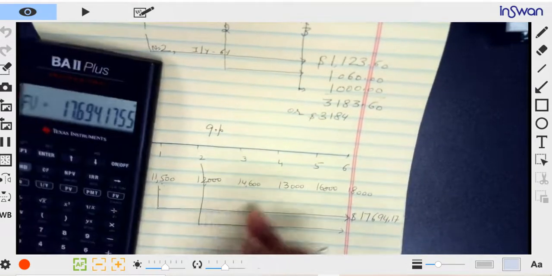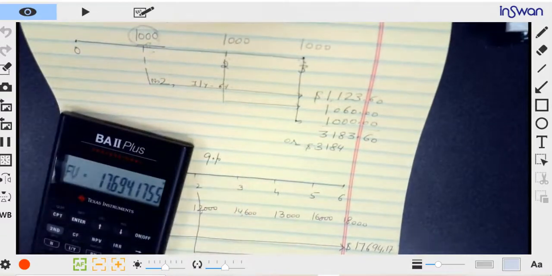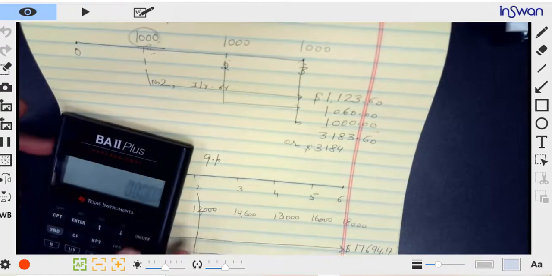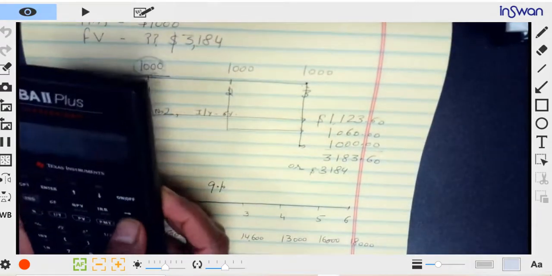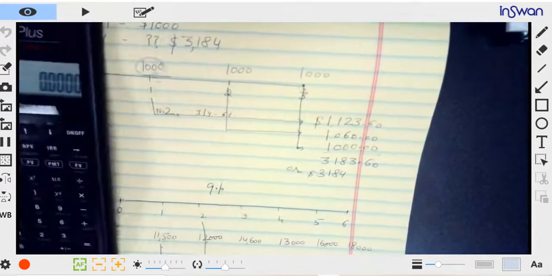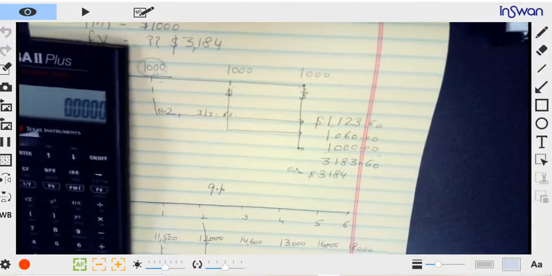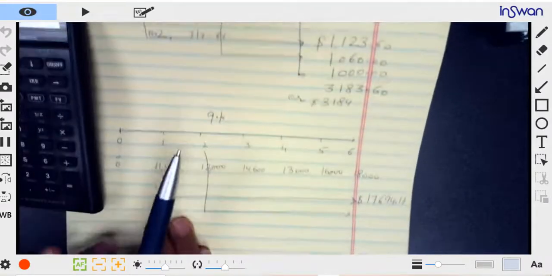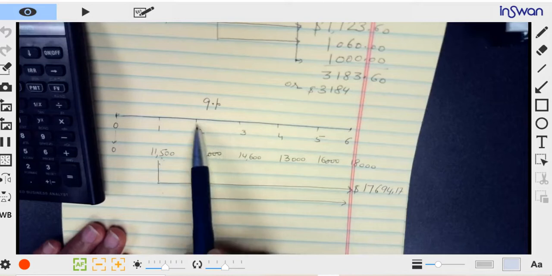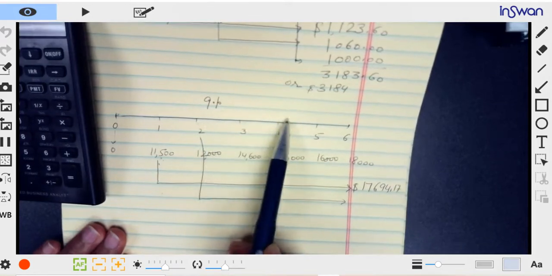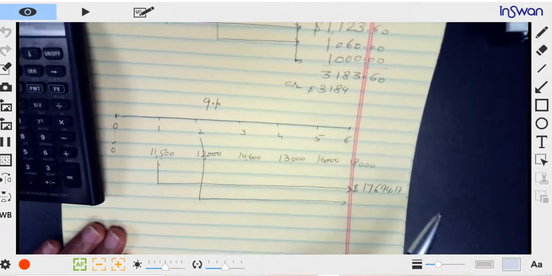Okay, now let's talk about this. Again, the future value here would be... so what is n in this problem? How many times is compounding taking place starting from here? 1, 2, 3 and 4.